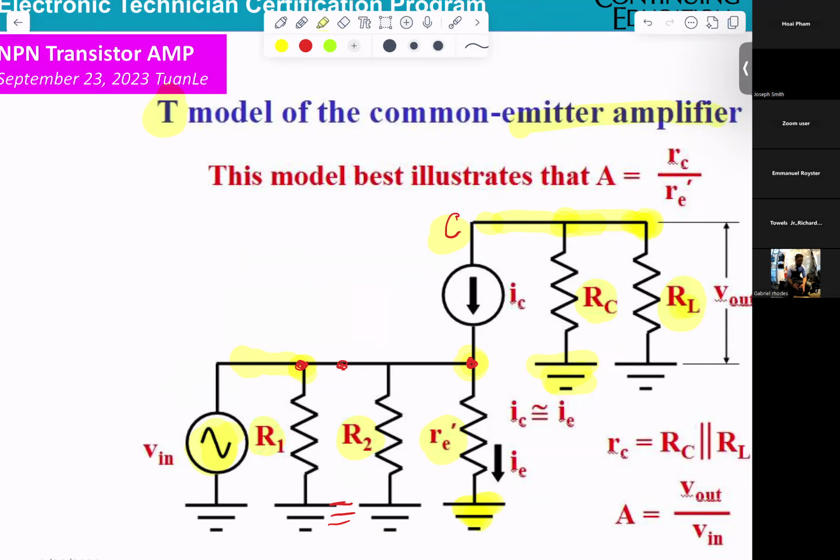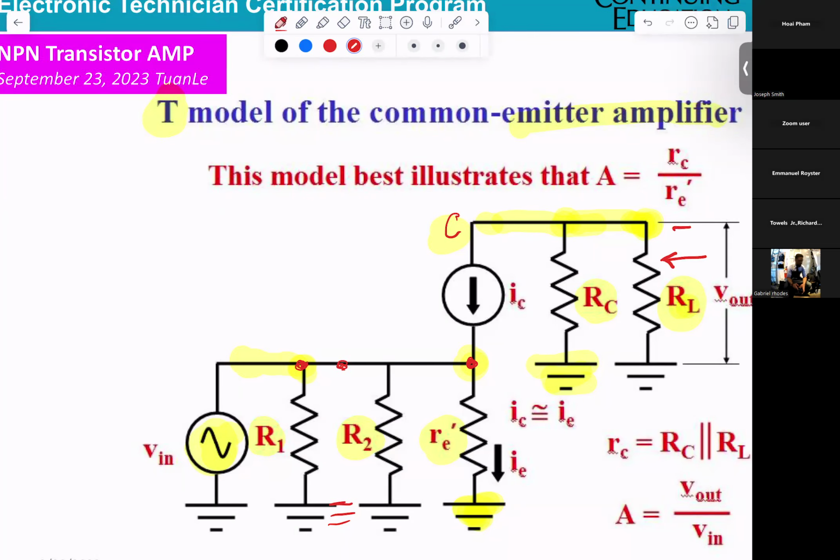So now look into here. First thing, if you want the output impedance, that means you're looking here into the amplifier.